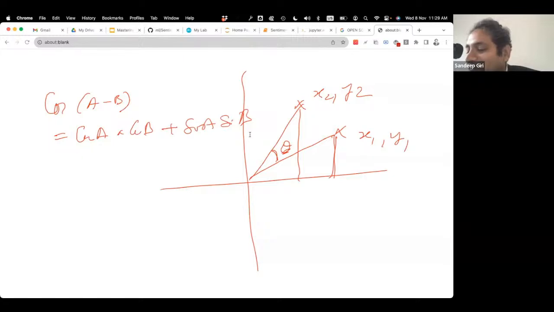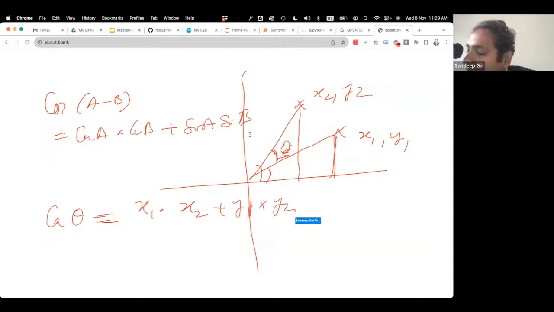Remember this, no? Cos theta is equal to a minus b. When you expand it and try to solve it, it turns out that cosine of this theta is x1 into x2 plus y1 into y2 divided by x1, sorry.